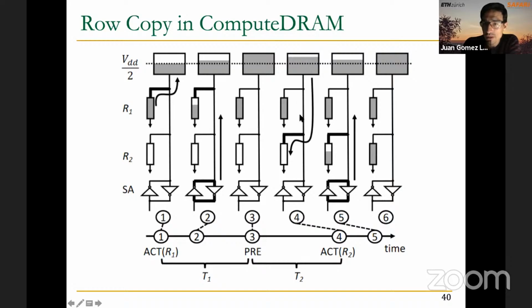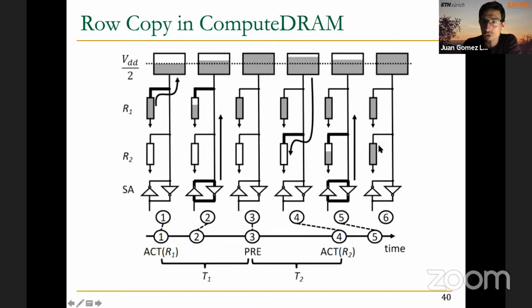And what this means is that by activating the cells in another row, we start adapting the charge and the voltage of this capacitor to the voltage of the bit line. If at that point we activate the sense amplifier again, we will end up moving the voltage of the bit line again to VDD and charging completely the capacitor in the other row.